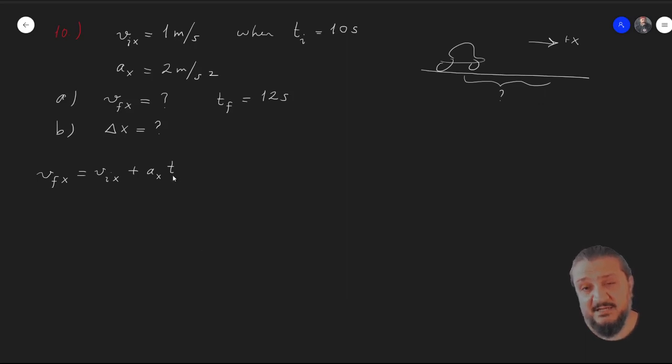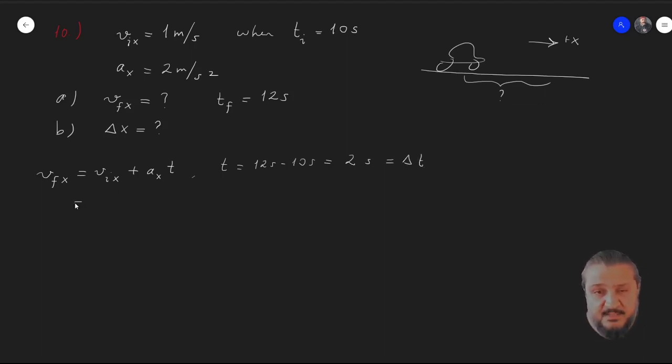So this t here will be 12 minus 10, which is 2 seconds. It's a time interval, actually. That is a time interval, delta t.